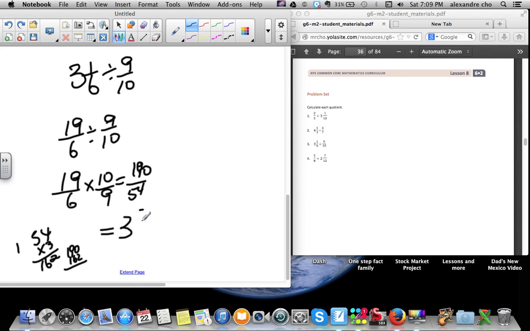And 28 over 54, you can simplify that by dividing by 2, and you get 3 and 14 over 27. Okay, I'm not going to do it the other way because you're going to get the same ugly improper fraction. So leave it at that.